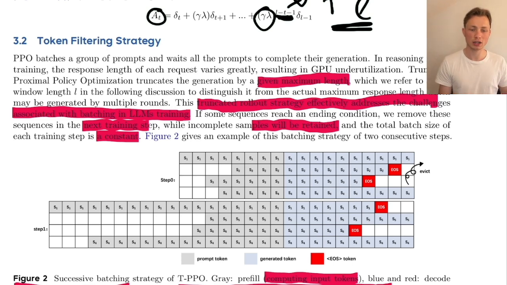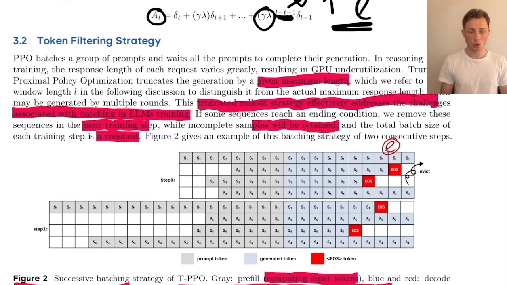We are truncating it after the L time steps, and then some of the samples are finished because they just took a small answer, and some take a very long answer, a long chain of thought reasoning process.